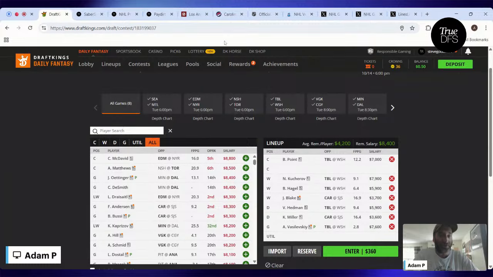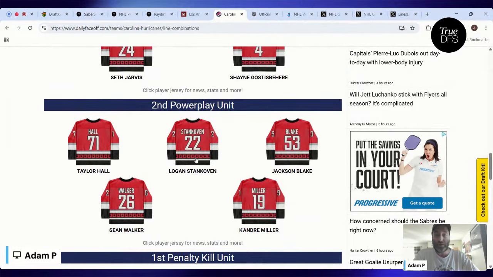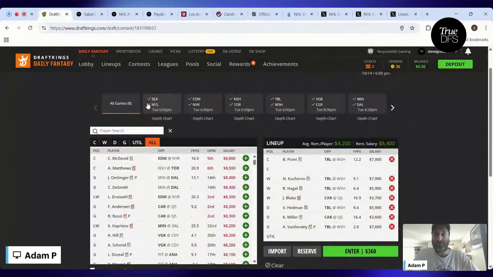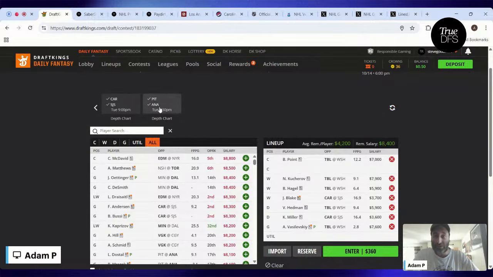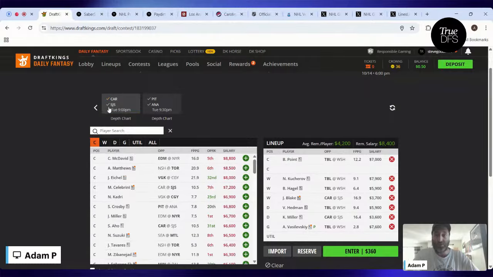It's always different, but so we could go with like a 4-3. Who would correlate? Stankoven. He's not at center though. Is Hall? Is he at center? Let's see. Or we could just go with the 5-man Tampa. Yeah, Stankoven at center works.